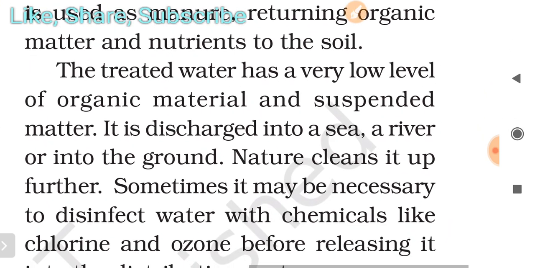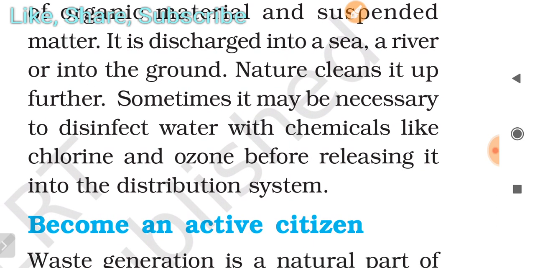The treated water has a very low level of organic material and suspended matter. It is discharged into a sea, a river or into the ground. Nature cleans it up further. Sometimes it may be necessary to disinfect water with chemicals like chlorine and ozone before releasing it into the distribution system.